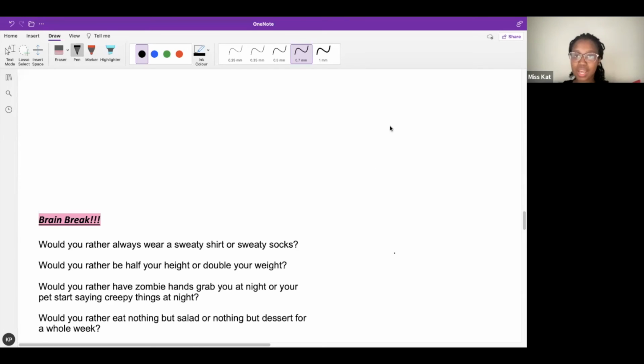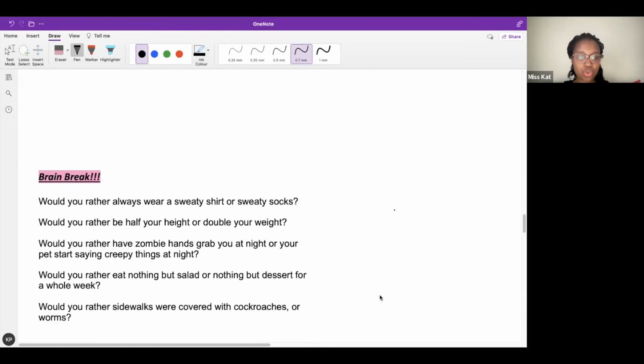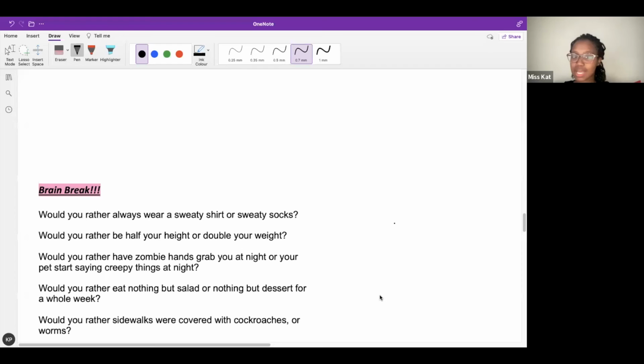Okay, we have Tiamo. Would you rather have the sidewalks covered with cockroaches or worms? As you are walking, and I mean covered. I don't mean one or two there. I mean covered and moving everywhere.